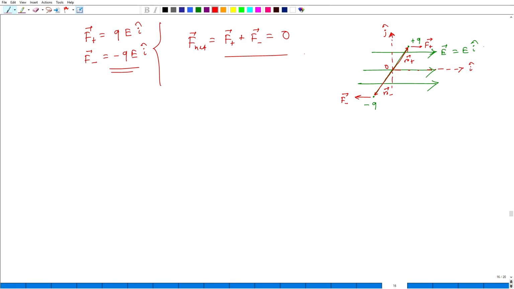So, even though the net force vanishes, the field exerts a torque on the dipole.